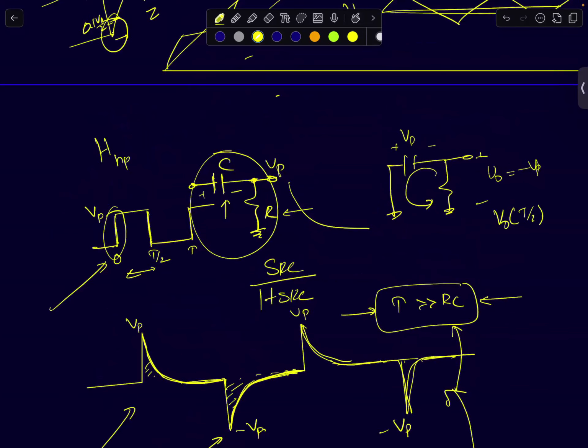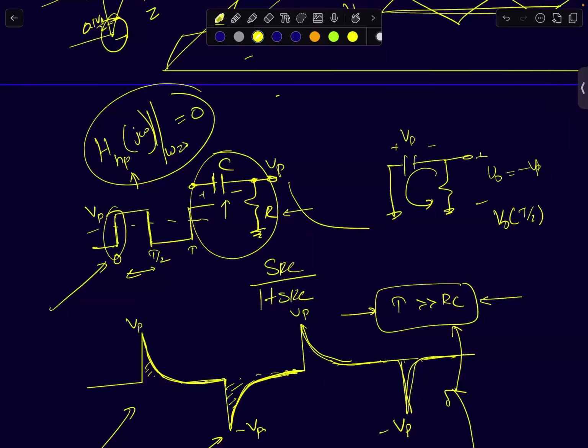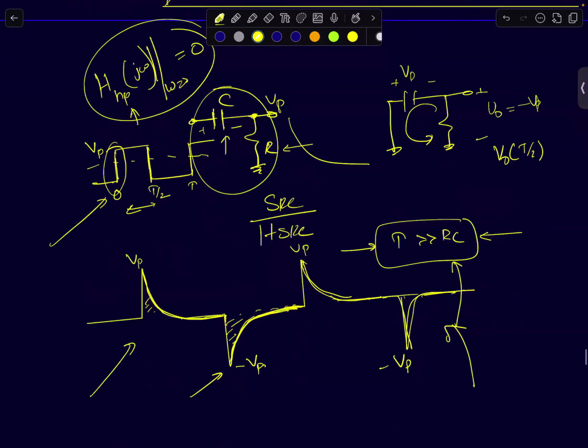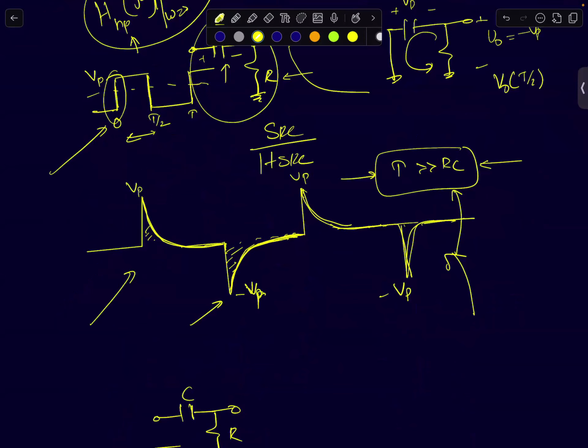For a first order high pass filter, at omega equal to 0, the DC gain is simply 0. So even if your input DC is finite, output DC will be 0. So this is the kind of waveform you should get when you look at the output. Then you can clearly see it's behaving like a true differentiator. It's differentiating the input signal.